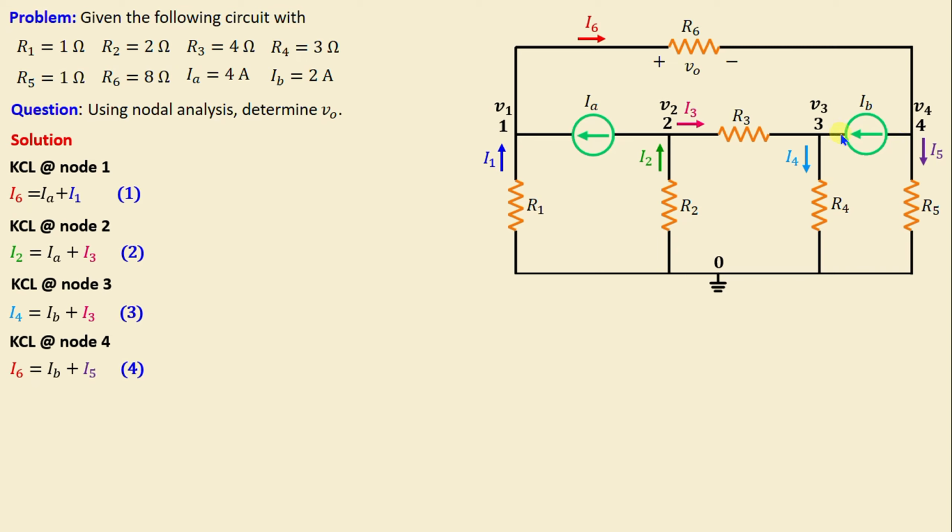According to Ohm's law, the current can be expressed as the voltage difference across a resistor divided by the resistance. This implies that the current can be determined by the following equations.